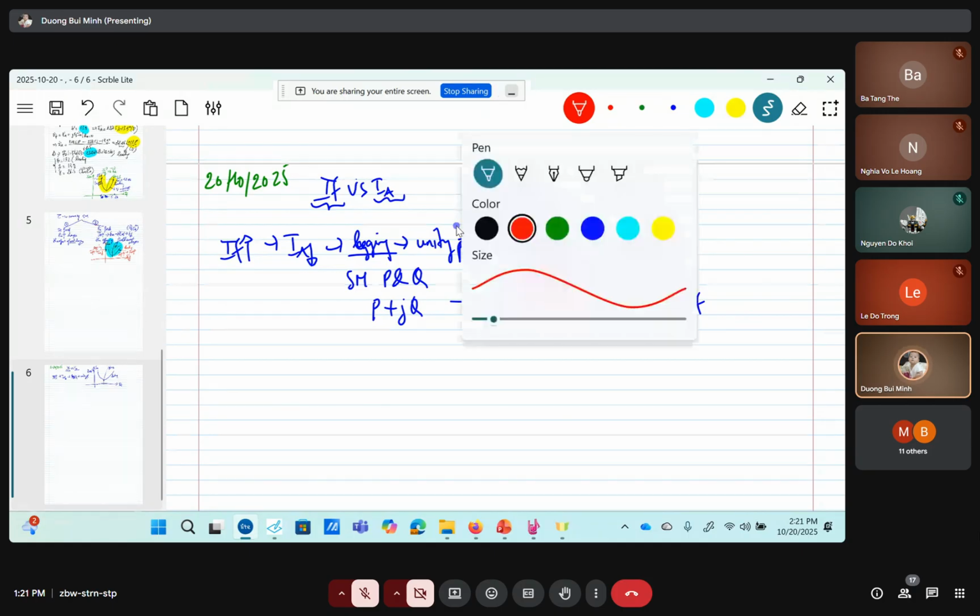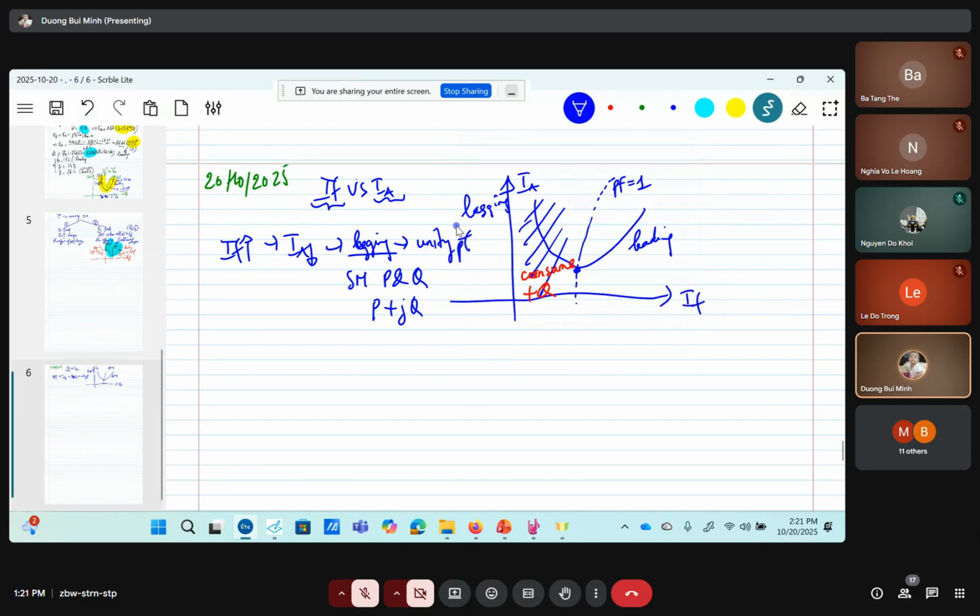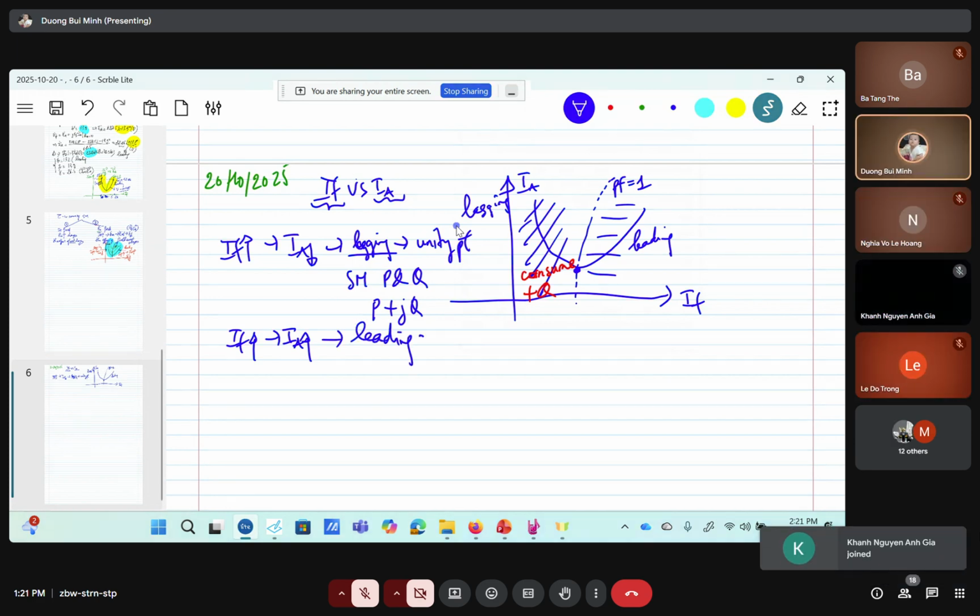And then for leading, if IF increases, IA increases because it is the leading case.